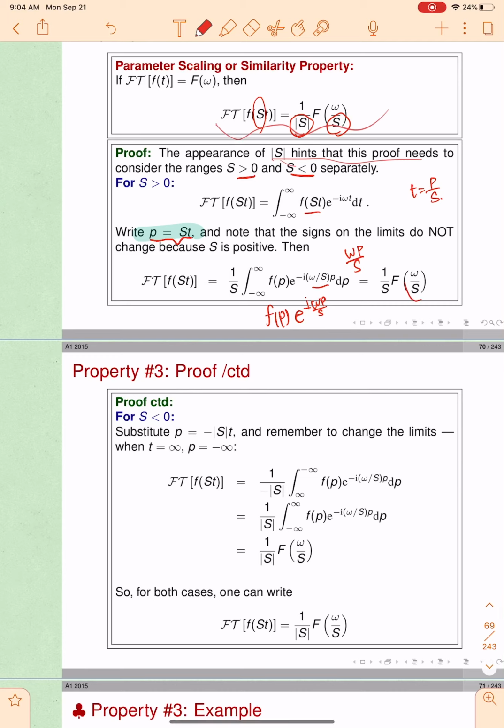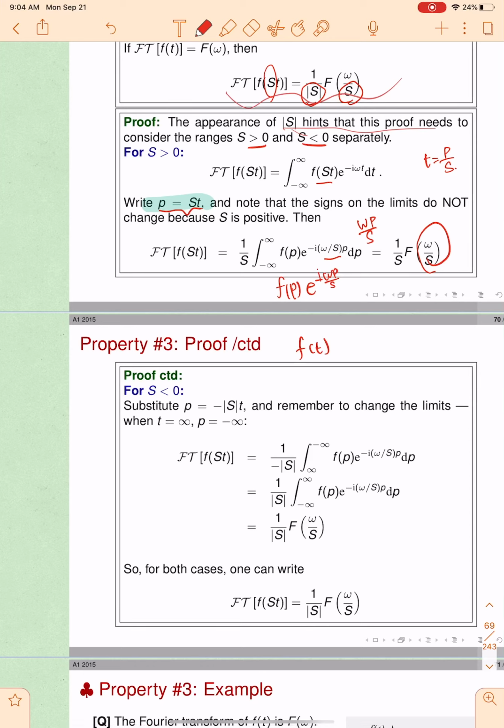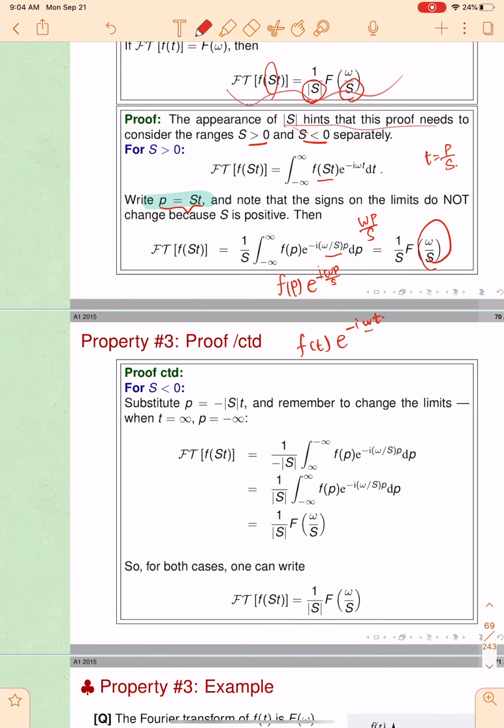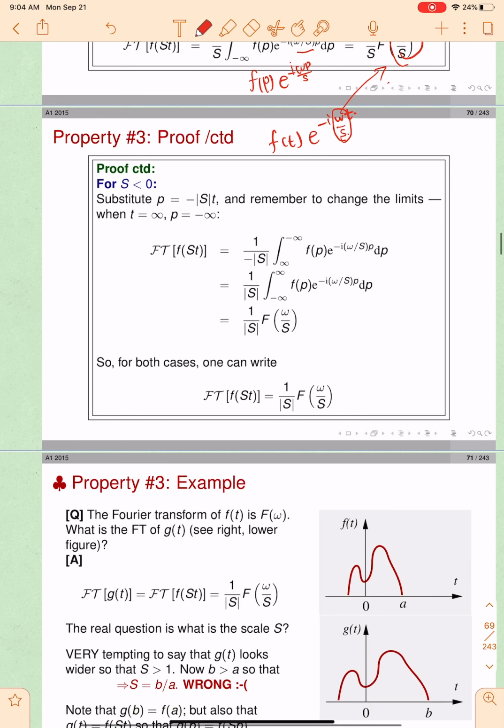And you will have omega divided by s inside the bracket. Because normally you have f(t) e to the minus i omega t, right? And now you have an extra s here, so you have to put this into the bracket. To prove it, if you have st, then it will come to the denominator.